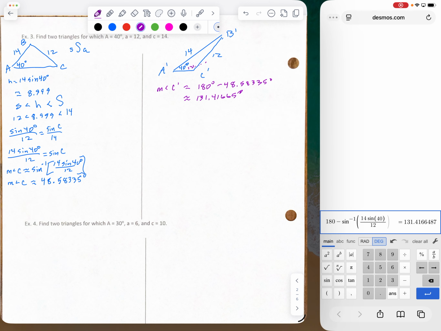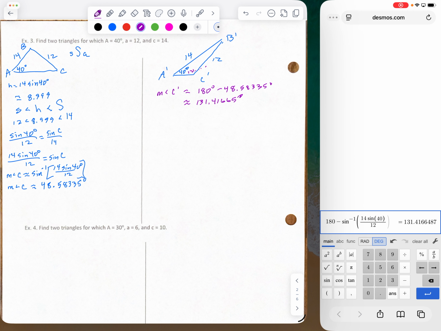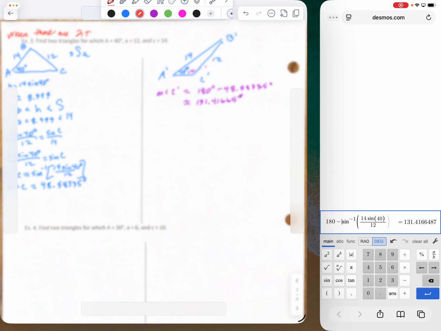And then set up the proportion. You need to find little b. So 12 is to the sine of 40 degrees, as little b is to the sine of 91.41665.